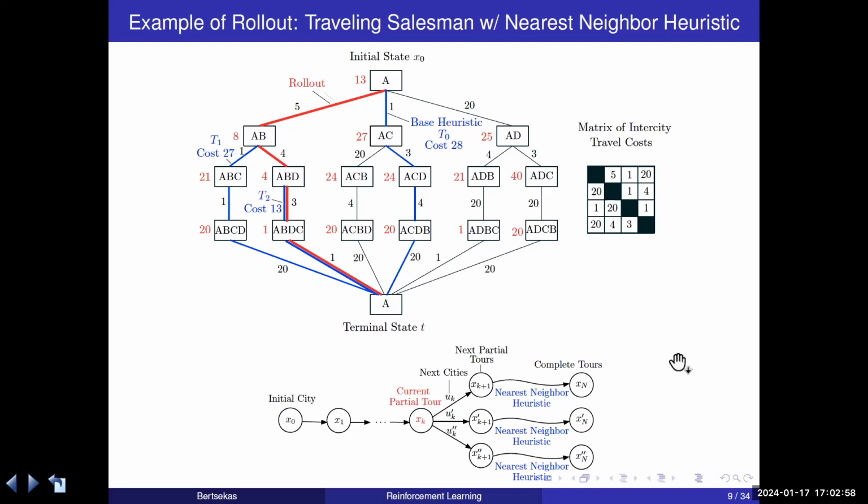You can have heuristics that are far apart in terms of effectiveness on their own, but if you roll them out, you get results that are pretty similar. And that's going to be explained in terms of the Newton method interpretation that we're going to discuss starting from next lecture.